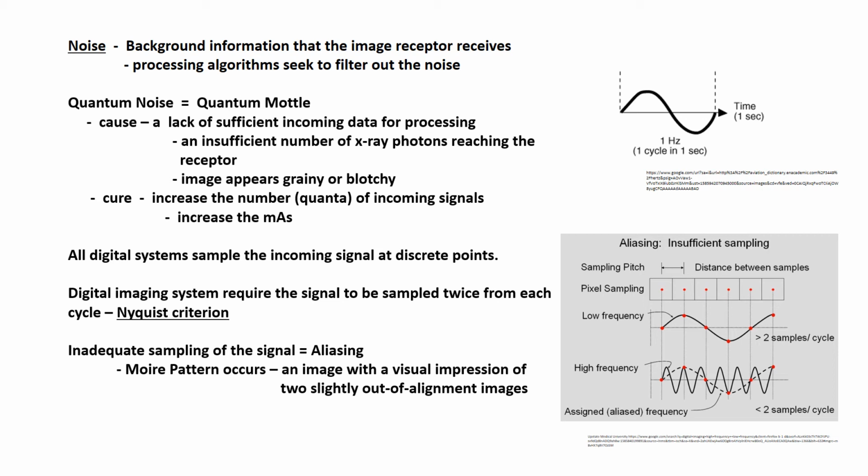We call this the Moire pattern. So the point to get from this slide is that when we say Nyquist criterion, we're saying that the signal has to be looked at or sampled at least twice.